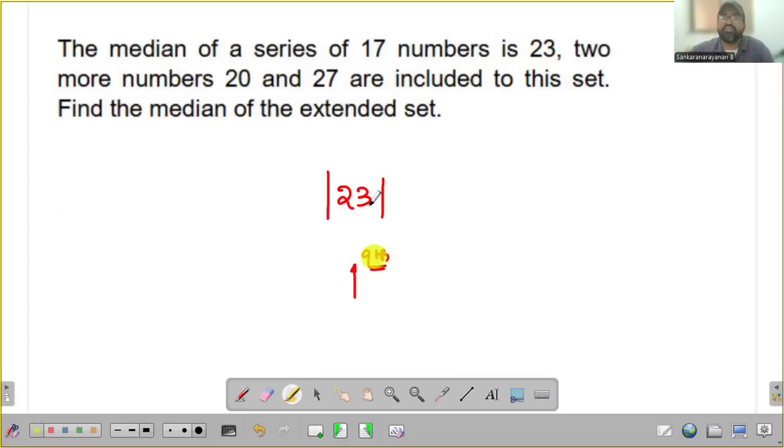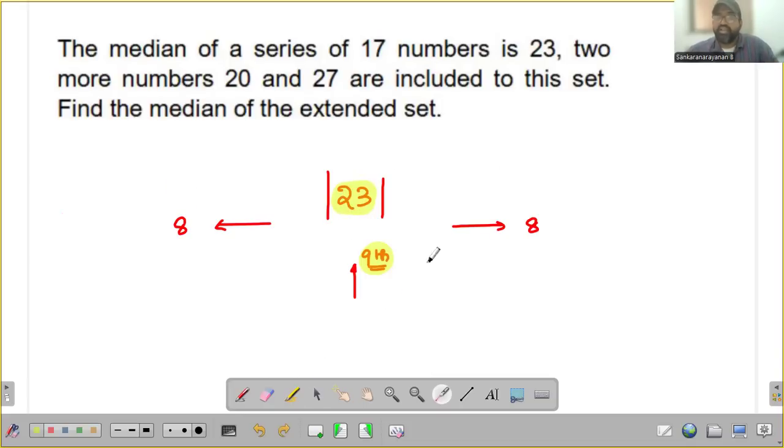That 9th observation is equal to 23, which means there are 8 numbers to the left and 8 numbers to the right of this 23. So 8 plus 8, 16, plus the middle 23, the number of observations comes as 17.